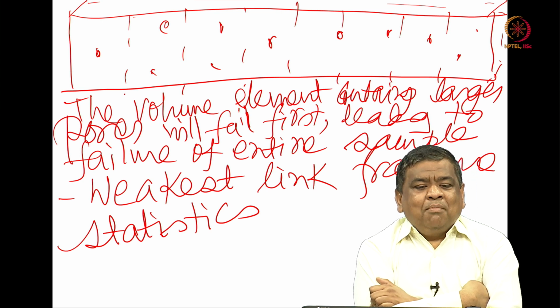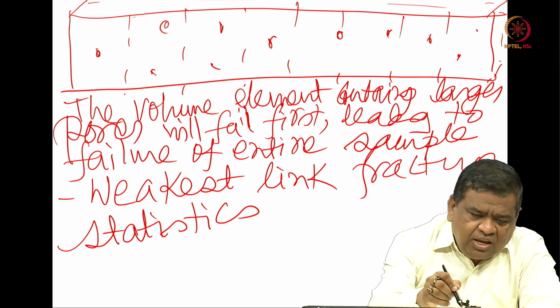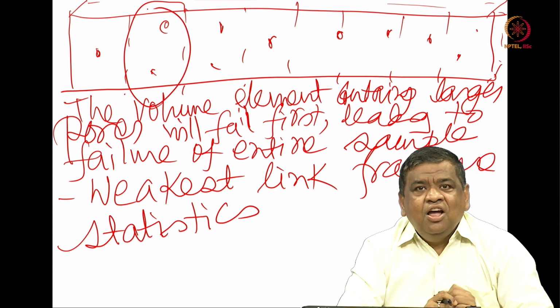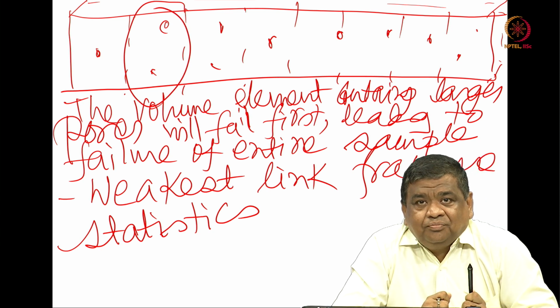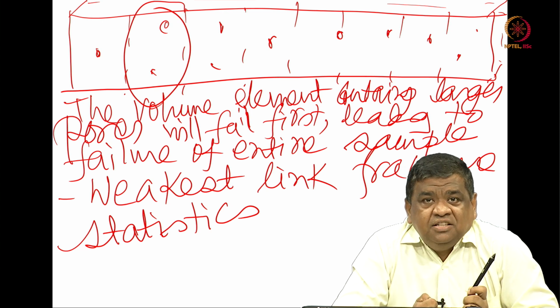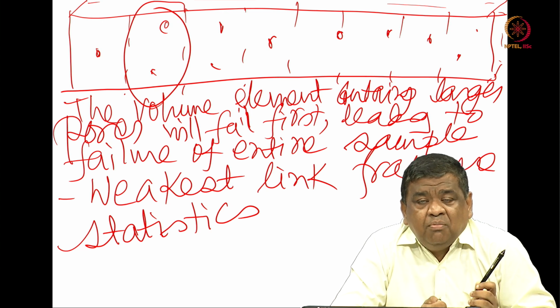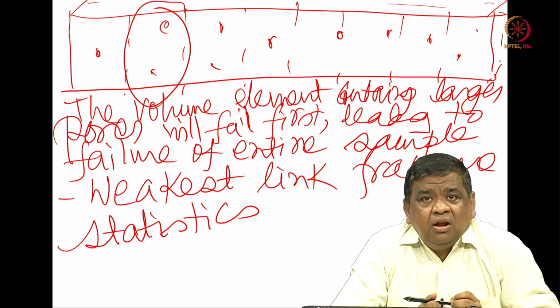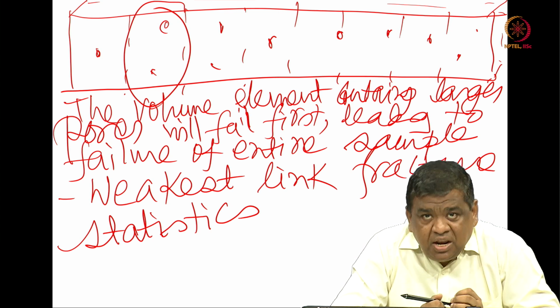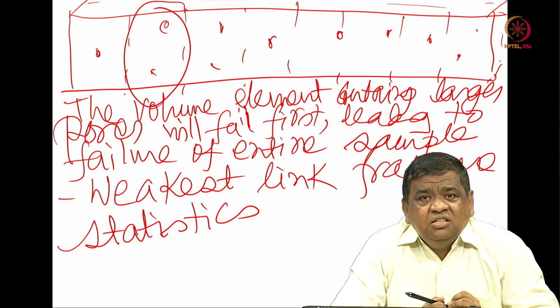So, the microscopic region I am showing you contains the critical defect size. Critical means in terms of sizes or in terms of the favorable orientation with respect to the loads that that particular microstructure element experiences under actual loading conditions.